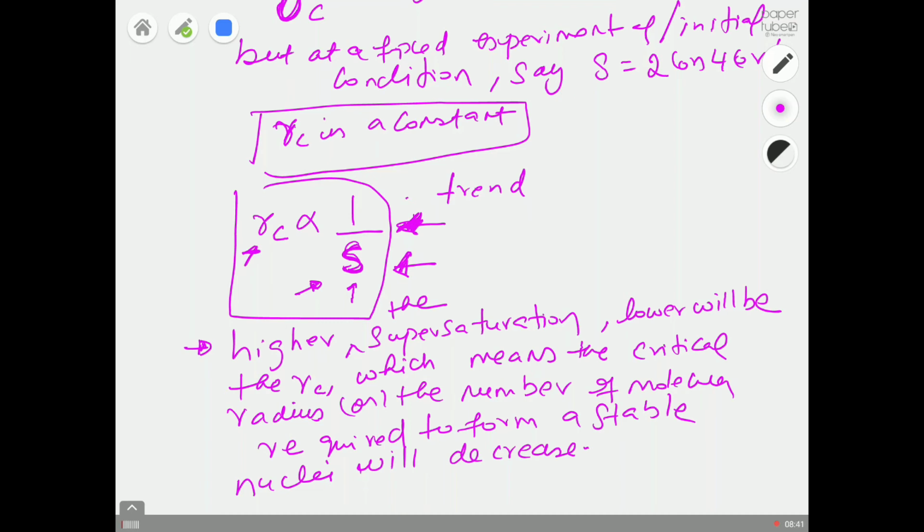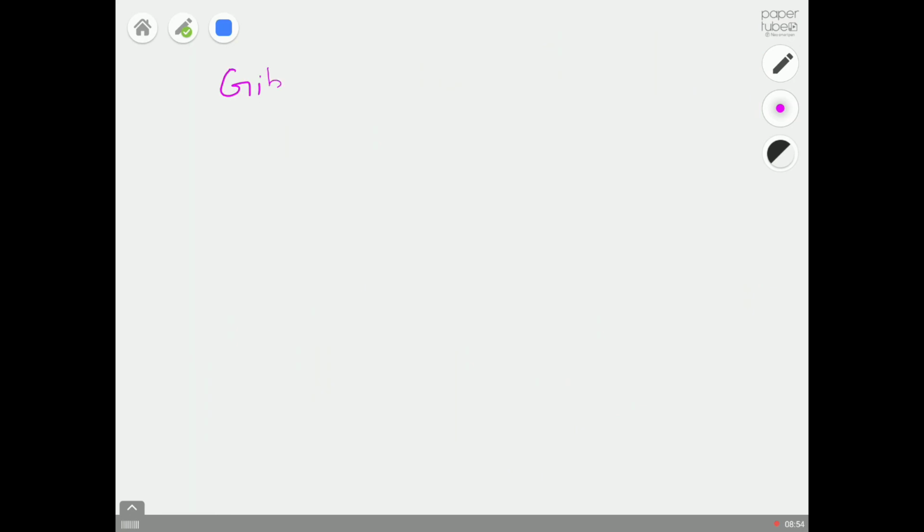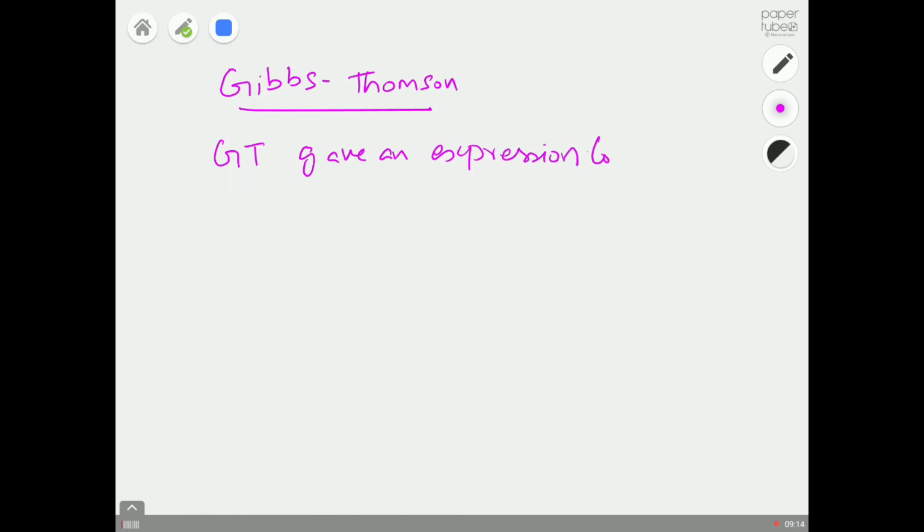In fact we have some correlation that allows you to relate your critical radius with your initial supersaturation, or in general supersaturation. It was proposed by two people, Gibbs and Thomson. It's called the Gibbs-Thomson relation. They gave an expression to correlate the experimental condition.